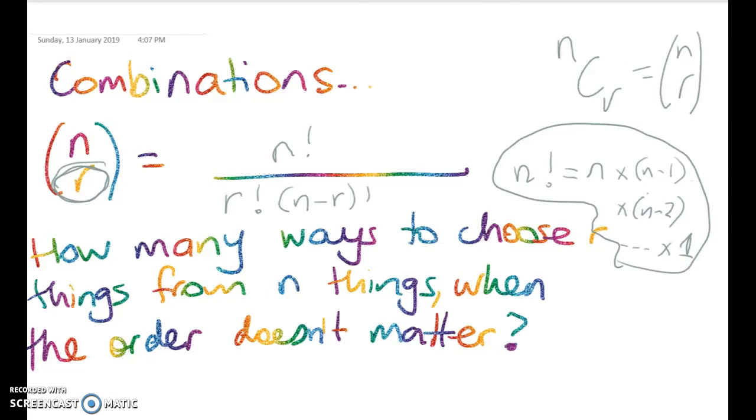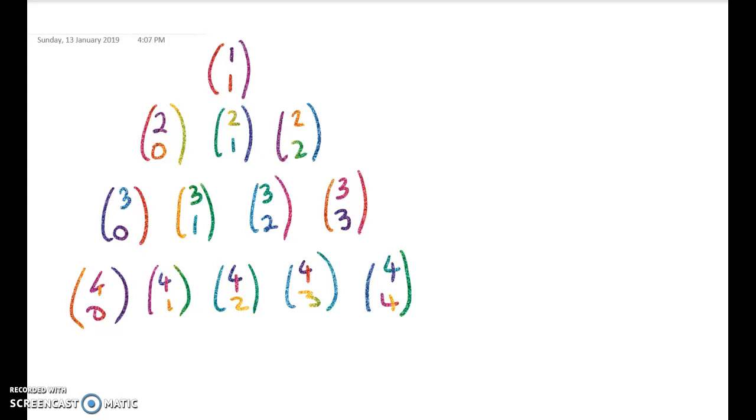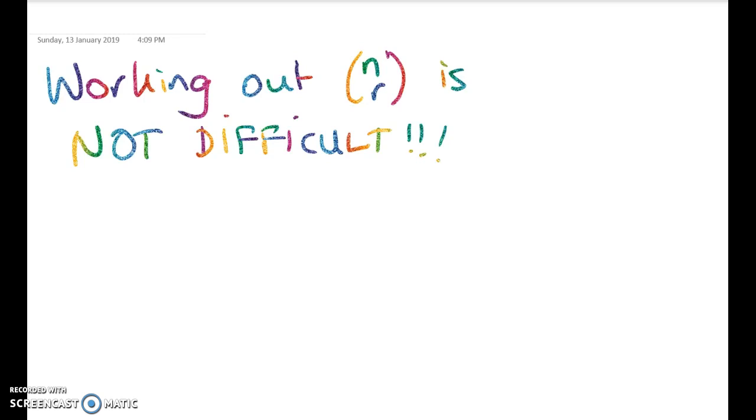Okay, so heading on to the next page, you can think of Pascal's triangle as just a whole bunch of those combinations, right? So let's look at how we can make it work for bigger ones. Right, so if we wanted to figure out, start with one that looks horrible, 15 choose 4.